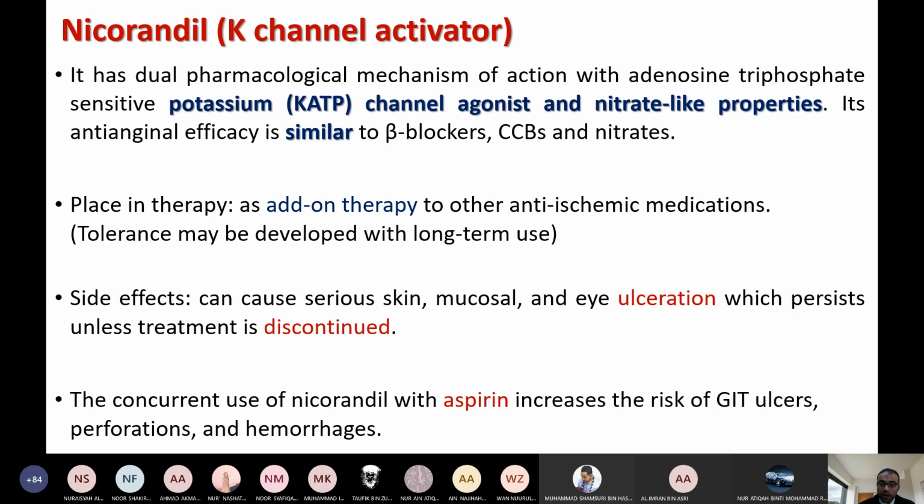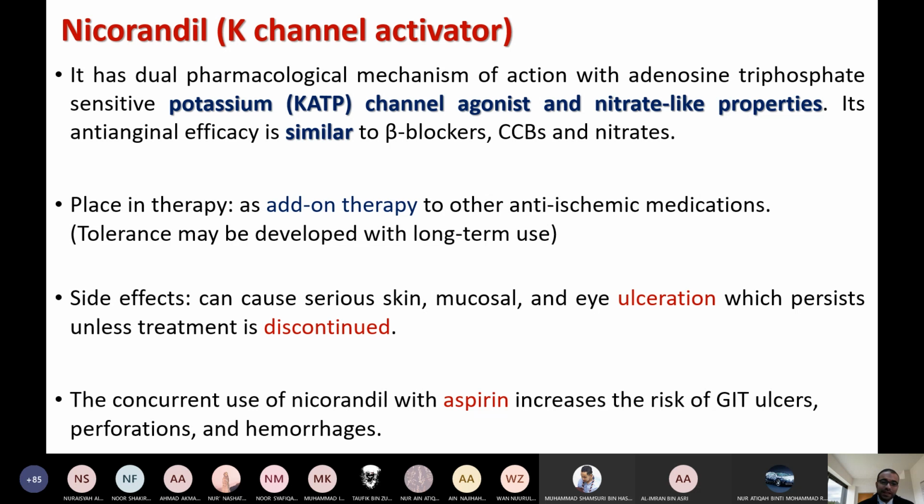Next, how many anti-ischemic medications have we taken up to now? You may count and say after this one, inshallah. Nicorandil, unlike the previous one, works on the potassium channel. It activates the potassium channel, and at the same time, it has nitrate-like properties. In terms of efficacy, it seems to be the same as the beta blockers, the CCB, and nitrates.